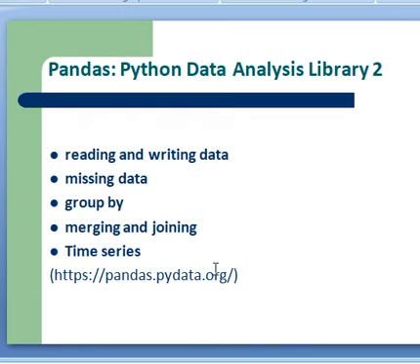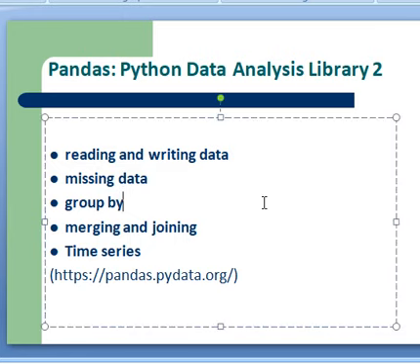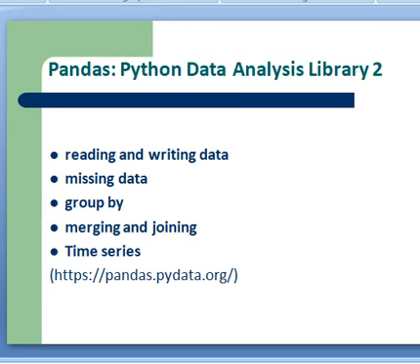The main functions of Pandas are reading data, writing data, and it has a special way to handle missing data. It can also do group by, which is also available in SQL for a relational database, and it can do join and time series as well.